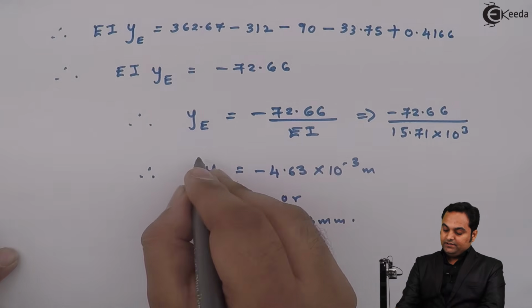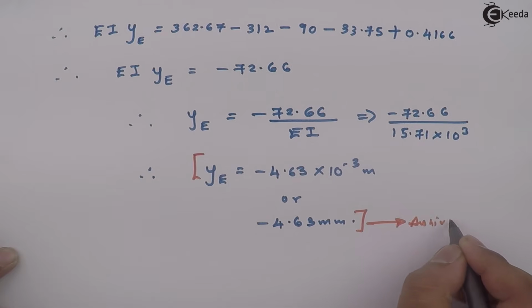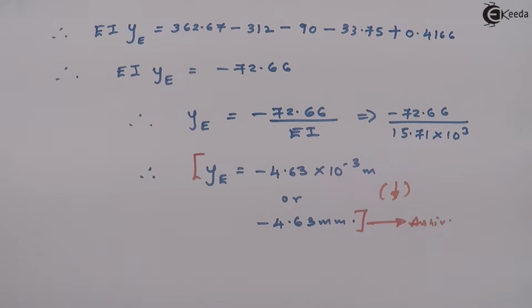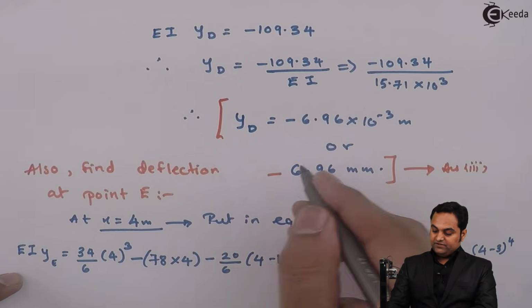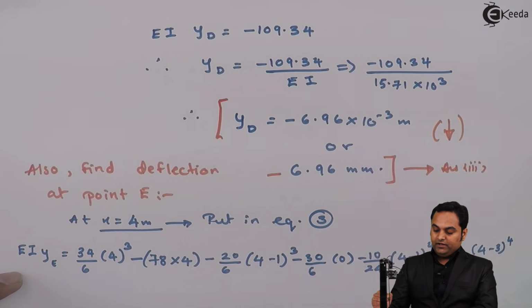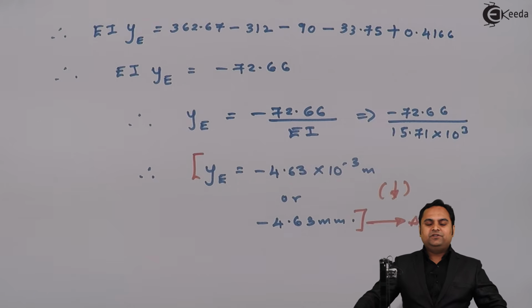And since I am getting this deflection sign as negative, it means the deflection is in downward direction. Previously also y suffix d was negative, it means it is in the downward direction. So once we have found out all the deflections, we can say that the problem has been completed.